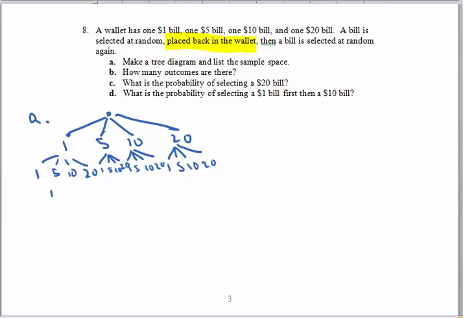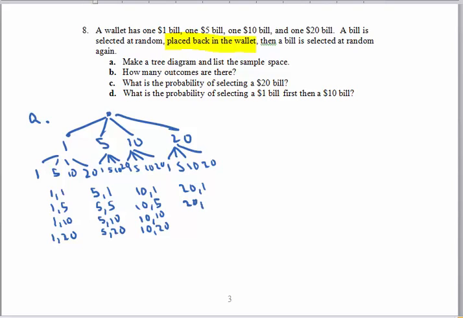I can get a 1,1, a 1,5, a 1,10, a 1,20, a 5,1, 5,5, 5,10, 5,20, 10,1, 10,5, 10,10, 10,20, or 20,1, 20,5, 20,10, 20,20. So there's your sample space.